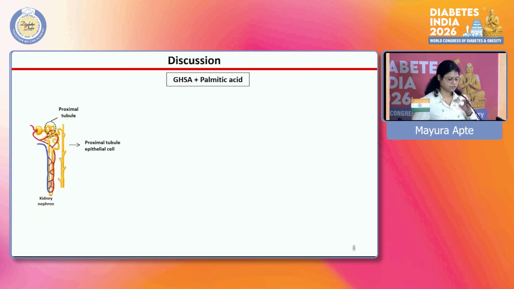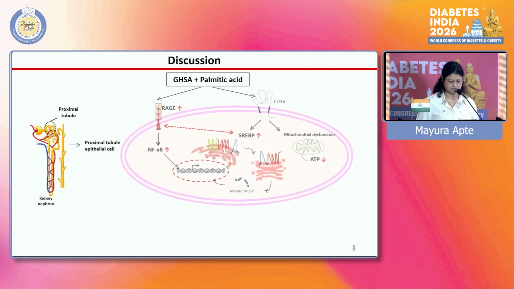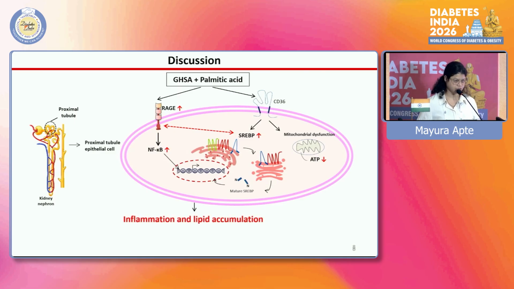So, cumulatively, we can say that GHSA and palmitic acid upregulate the RAGE and SREBP pathway, and there must be a crosstalk between RAGE and SREBP, indicated by inflammation, increased expression of NF-kappa B, and reduction in ATP levels, indicating mitochondrial dysfunction. Hence, this leads to inflammation and lipid accumulation, responsible for diabetic tubulopathy.